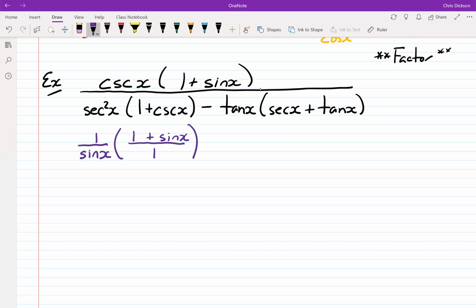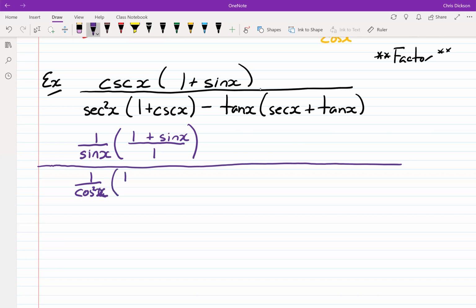And then this is going to be a nightmare, all over: secant is 1 over cos, so that's going to be 1 over cos squared of x, multiplied by 1 plus cosecant, which is really 1 over sine of x, close that, minus tangent, which is really sine of x over cos of x, multiplied by secant, which is 1 over cos of x, plus tangent, which is sine of x over cos of x.